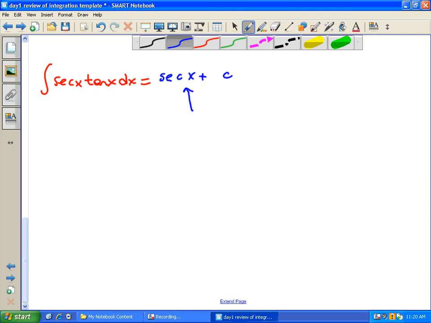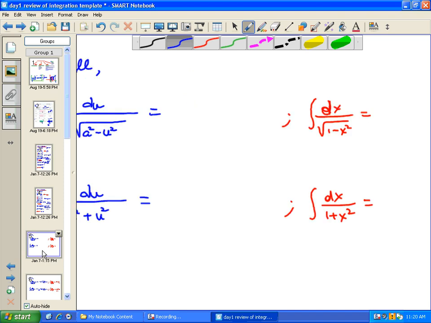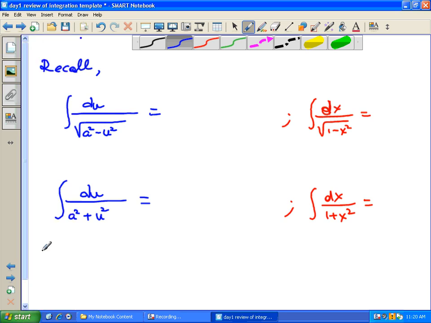Okay, let's do a few more integration problems. This is another reminder about the inverse trig function formulas involving integration. At the end of Calc 1, we had seen these formulas.